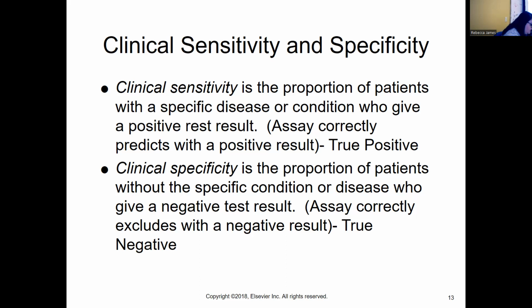False positives are those who have a positive test result but do not have the disease. I was telling y'all about that lady that I had, and her HCG was positive, but she was not pregnant. That is a false positive. You're testing for HCG, which is the pregnancy hormone.